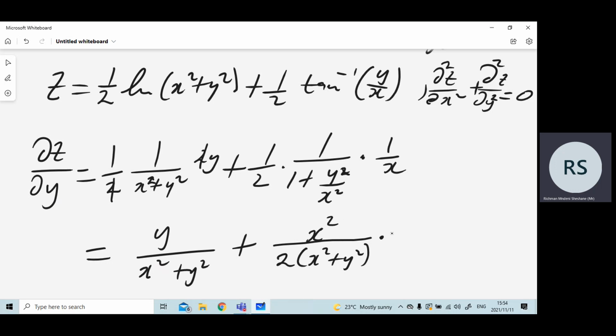You understand why? Simplification over x squared.